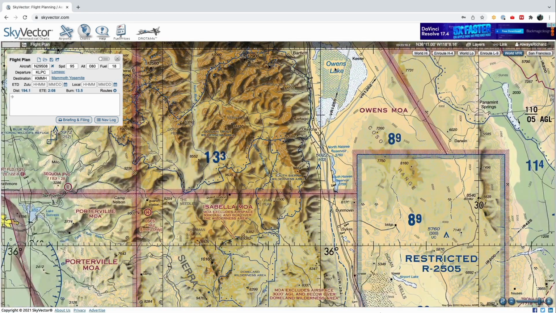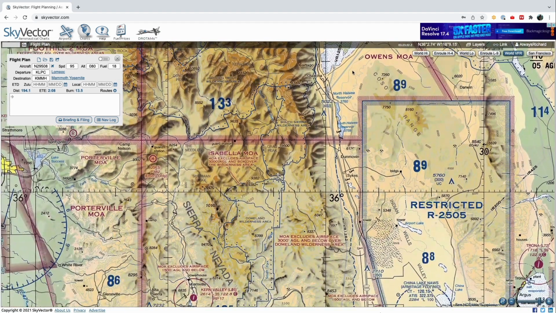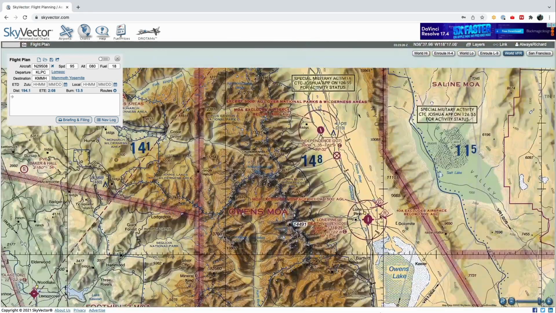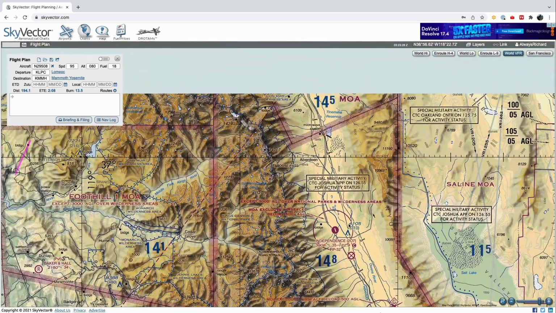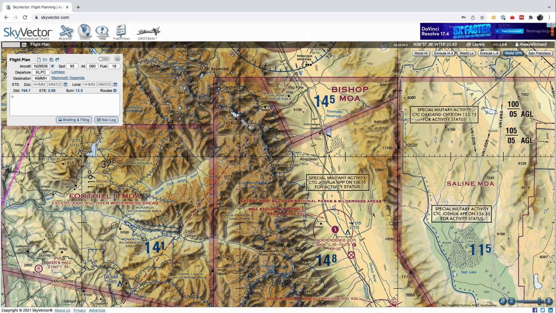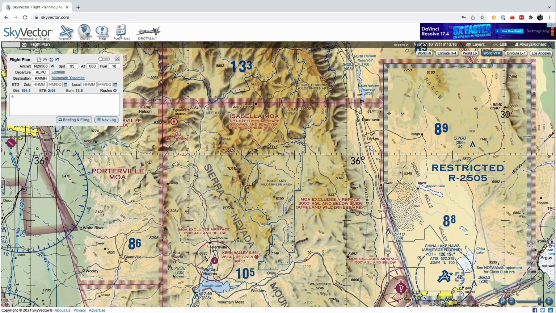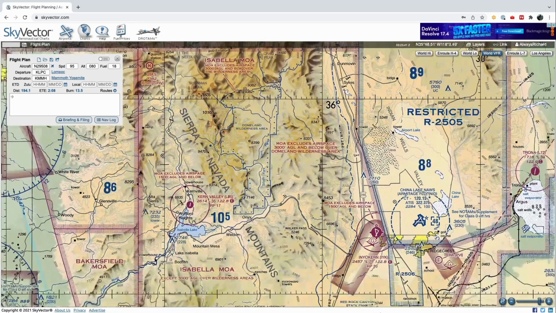I think this is the Owens Valley, and we've got the Owens MOA to deal with, and the Bishop MOA. We've got a restricted area we have to stay out of. And this is the Sierra Nevada mountain range.